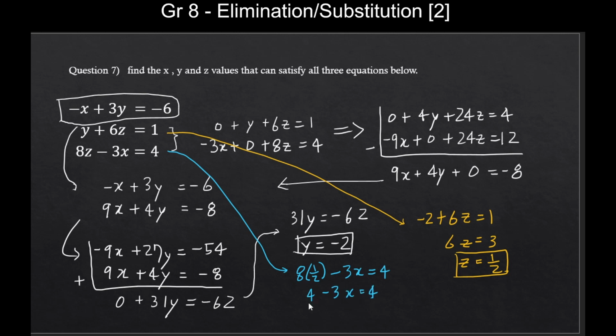If I move 4 to the other side, that's going to be minus 4, which will become 0 on the right hand side. Oh, 0. Wait, does that mean x should equal 0? Yes, why not?